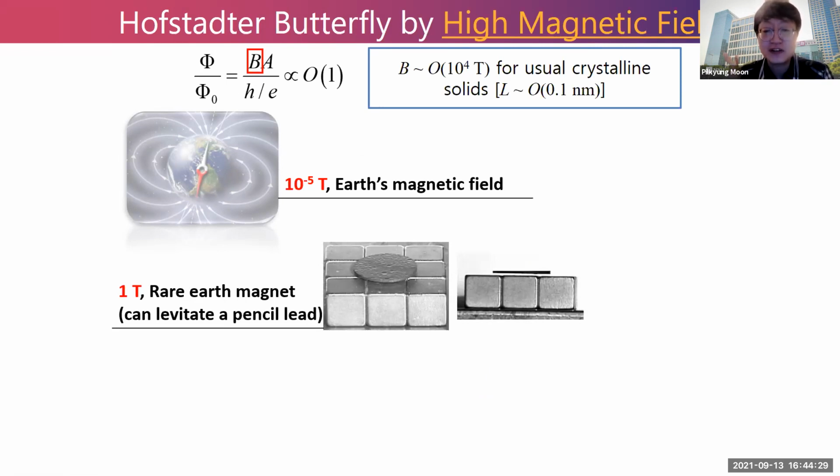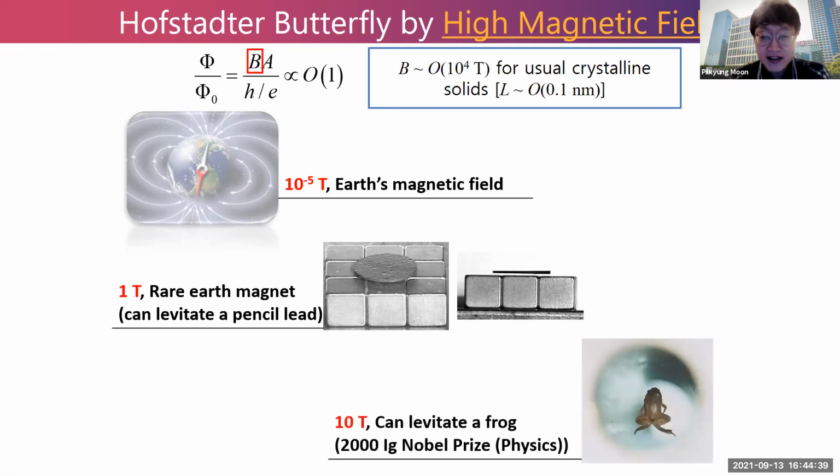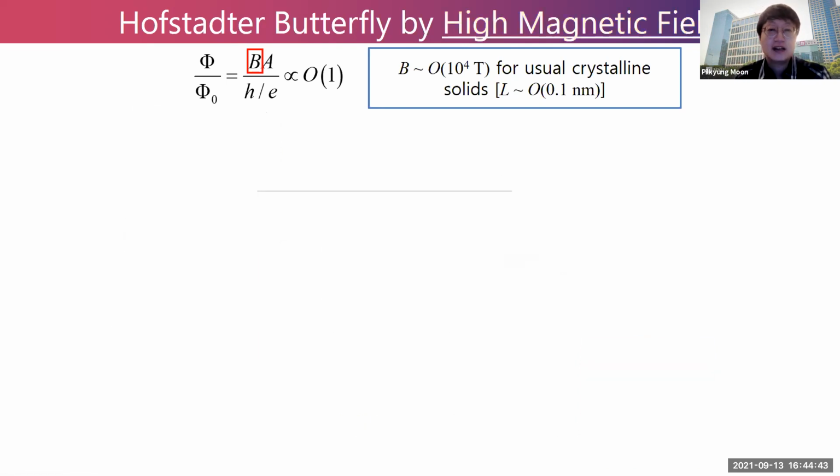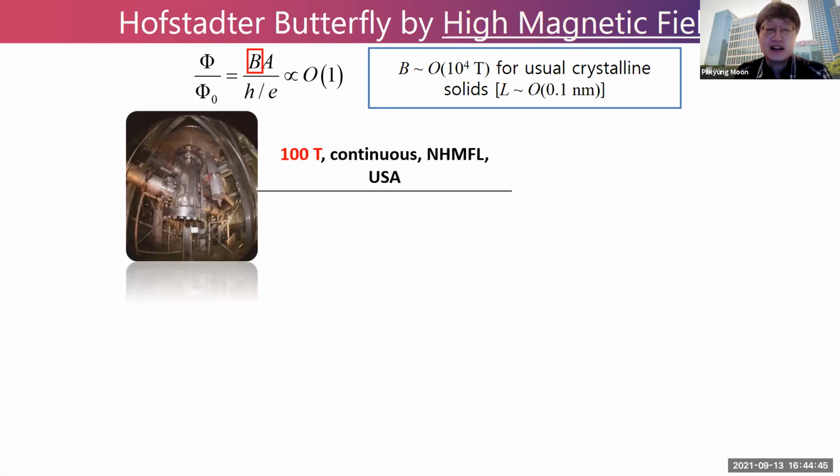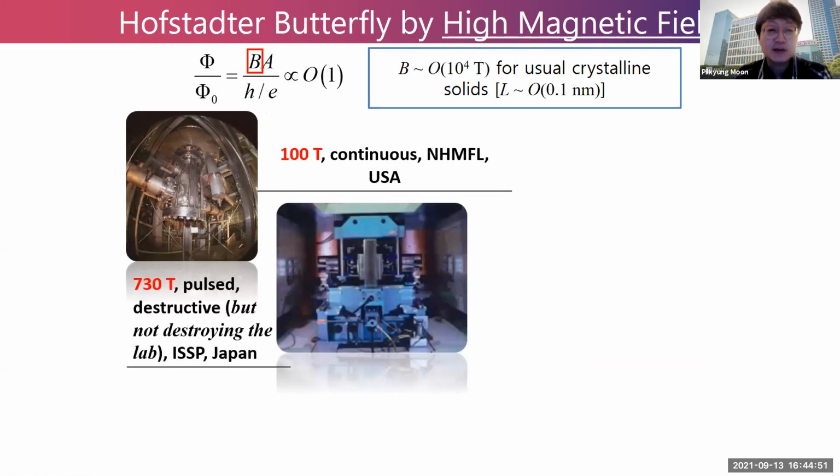But please don't try this at home, because if your finger is kept between two magnets, you cannot remove it by hand. And with 10 Tesla, you can even levitate a frog. The best available magnet can reach 100 Tesla for continuous field, and even 700 Tesla for just a fraction of a second.